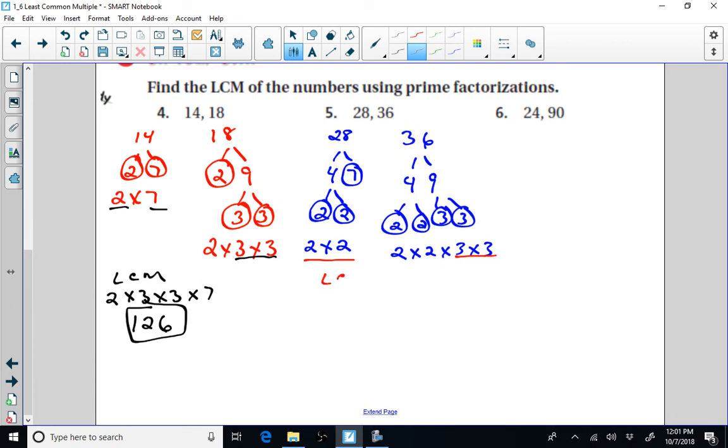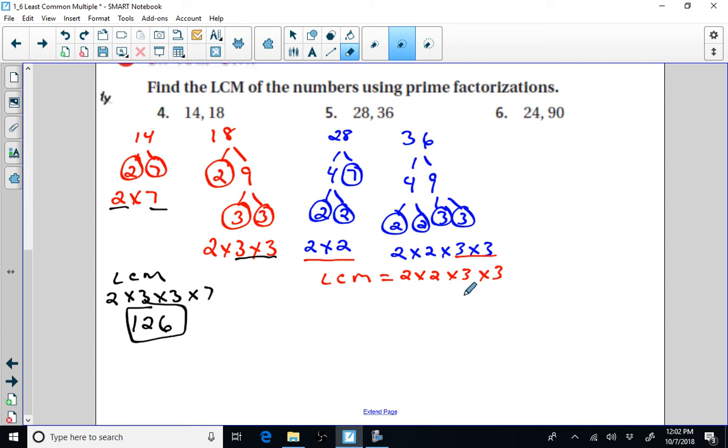So for my least common multiple, I write each of these as products. So that's going to be 2 times 2 times 3 times 3. 2 times 2 is 4, times 3 is 12. 3 times 12 would be 36. Well, that's not right. So let's try that again.